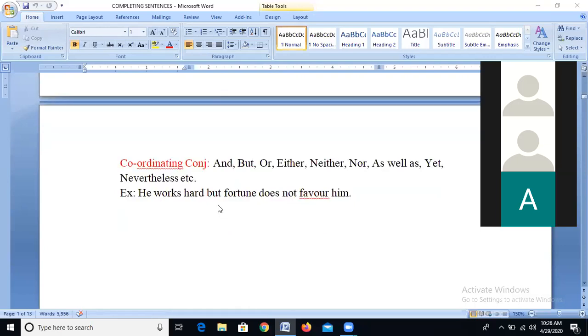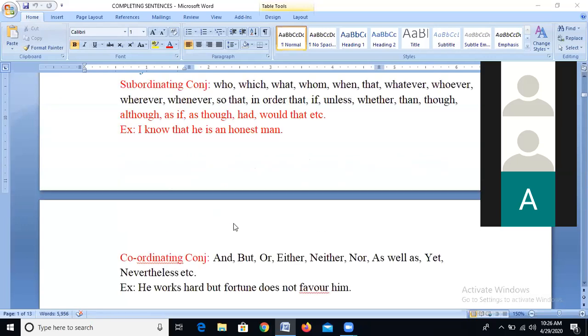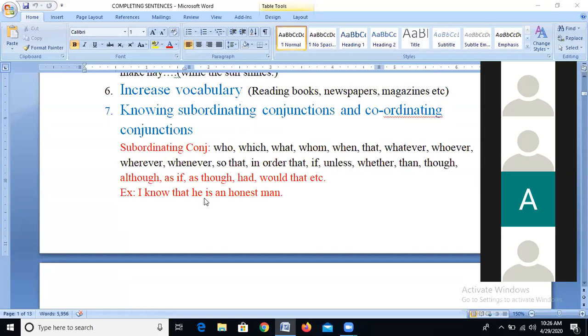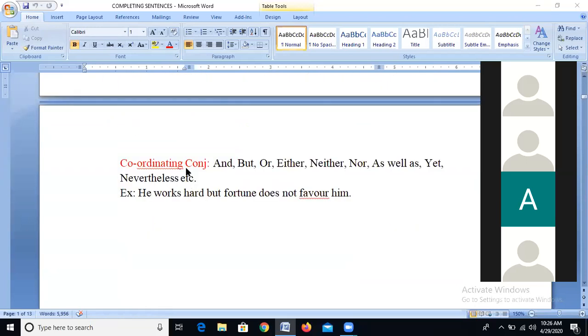So you can easily identify a coordinate clause if you can identify a coordinating conjunction. And if you can identify a subordinating conjunction, suppose that, then you can easily identify a subordinate clause. So a subordinate clause starts with a subordinating conjunction, and a coordinate clause starts with a coordinating conjunction.